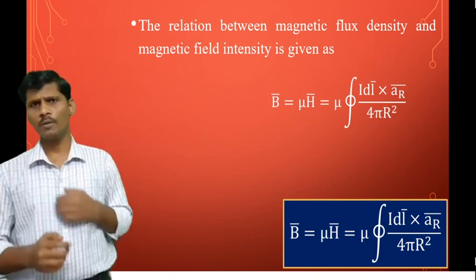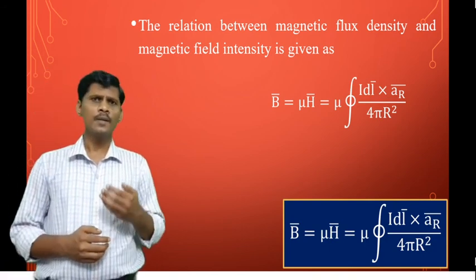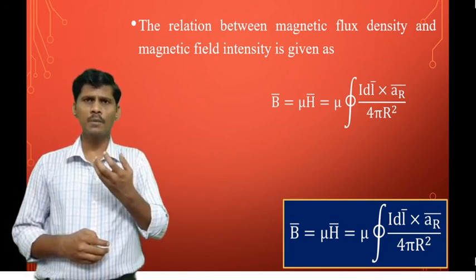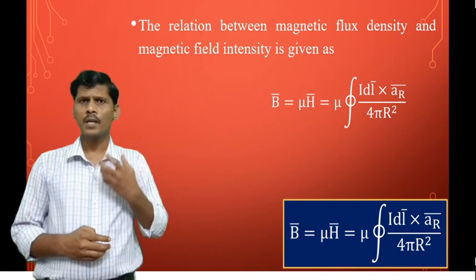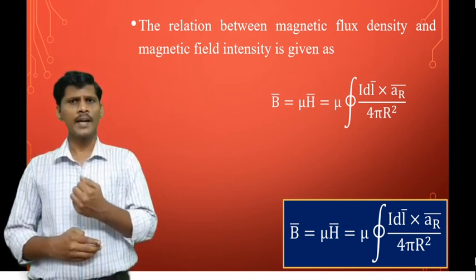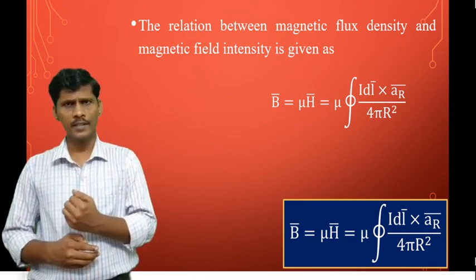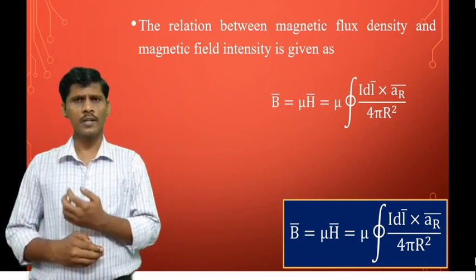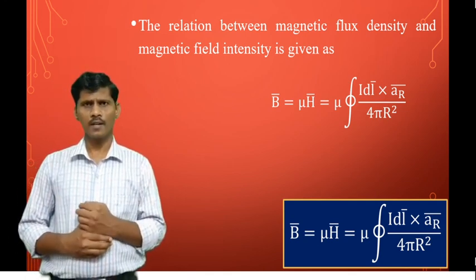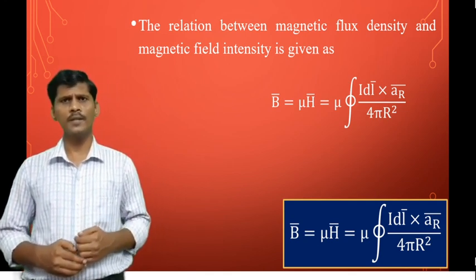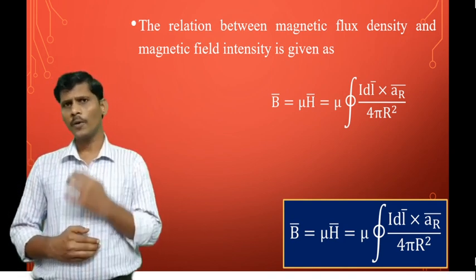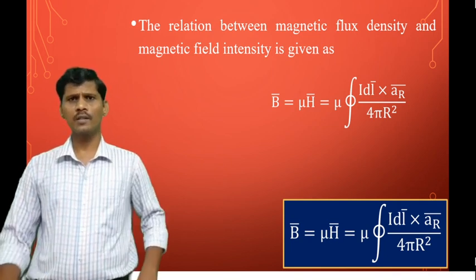Substituting the H bar value, we get B bar equal to mu, closed line integral of I dl bar cross aR bar by 4 pi r square. Mu is the absolute permeability and mu naught is the permeability of free space. This is the equation of the magnetic field intensity and magnetic flux density at a point P due to the differential current element.